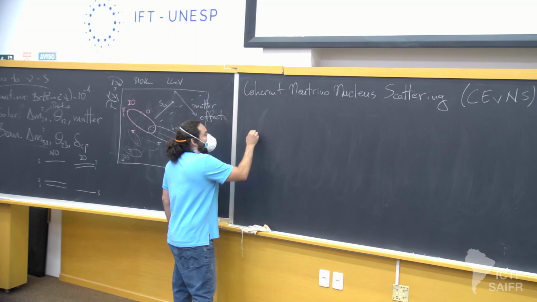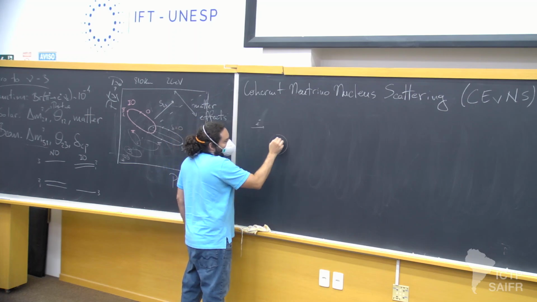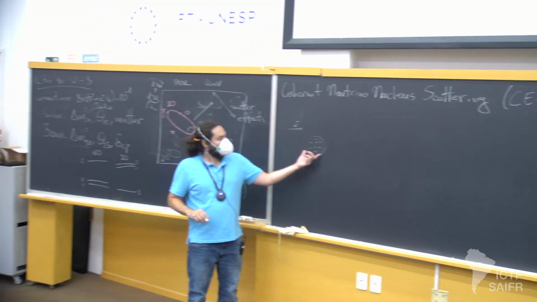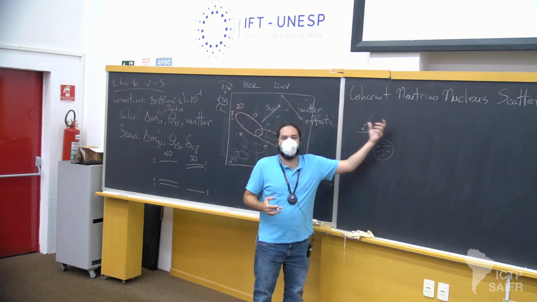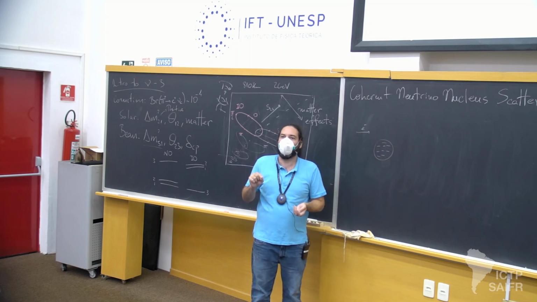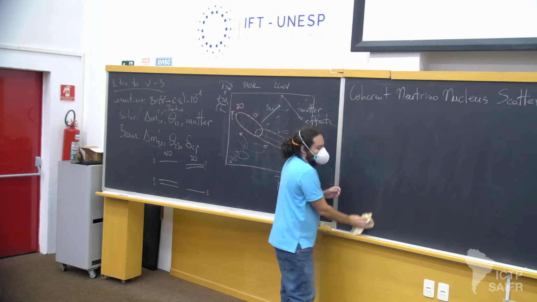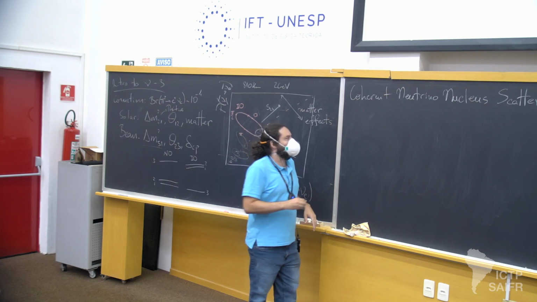Imagine that you throw an electron around a charged object, the electron feels the entire dense charge of this object, not every single charge individually. And this is kind of the same. The neutrino feels the entire weak charge of the nucleus. So there is an enhancement on this cross-section.